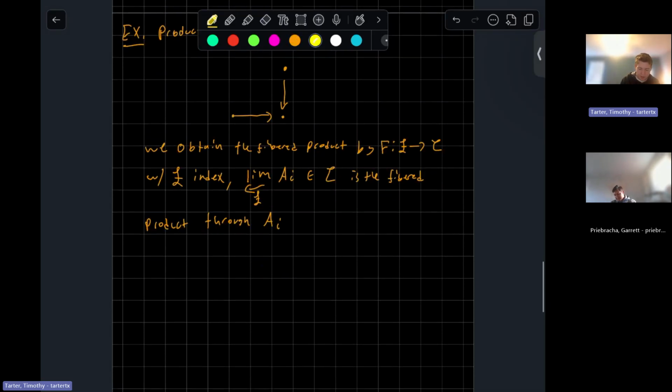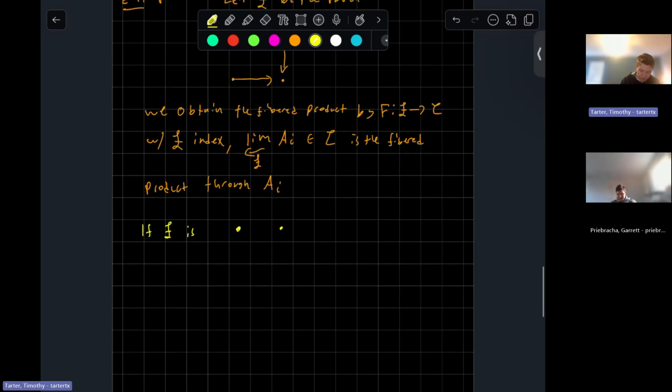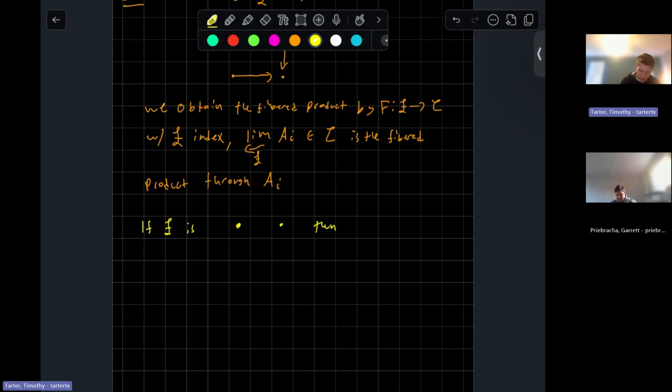And then as a second example, the script F is the isolated poset, then we obtain the product.